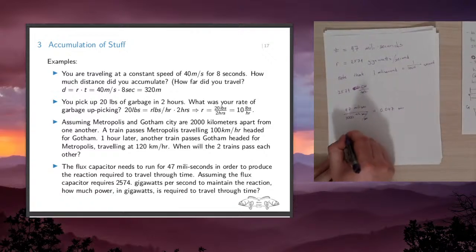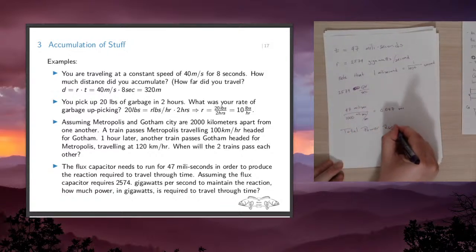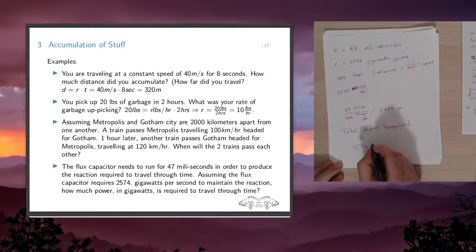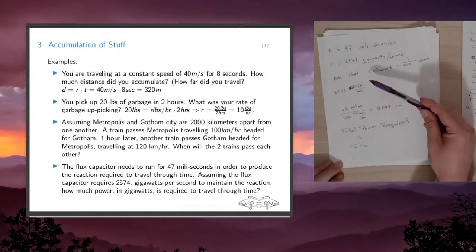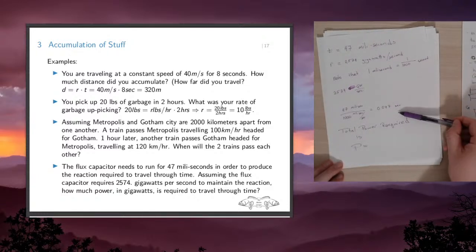And so in this case, our total power required is the rate of power consumption times the amount of time you're consuming at that rate.